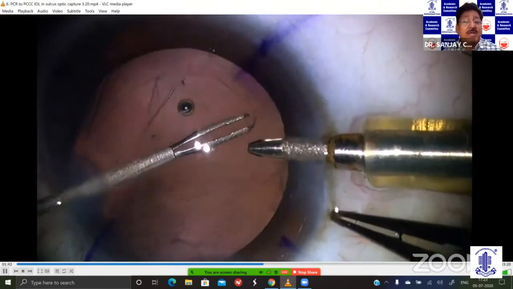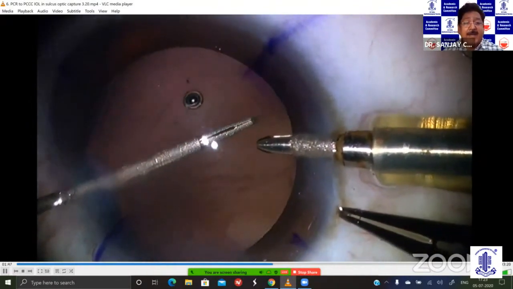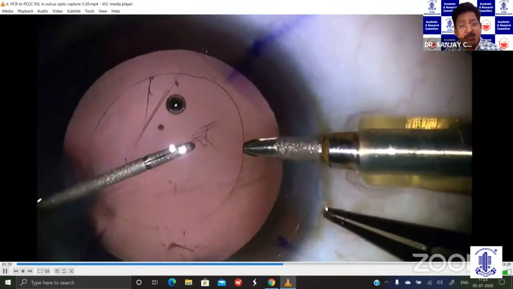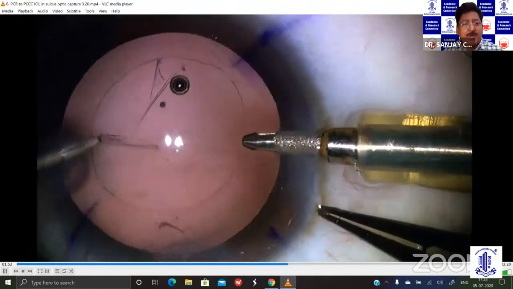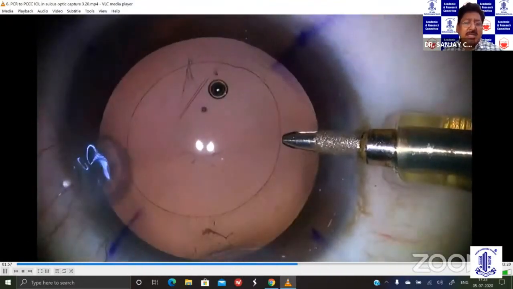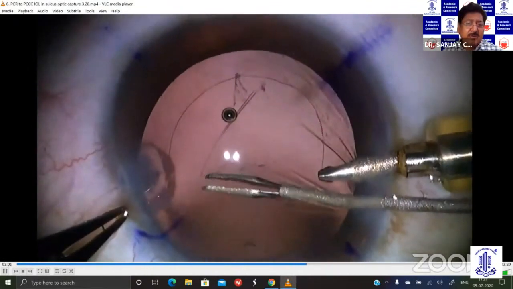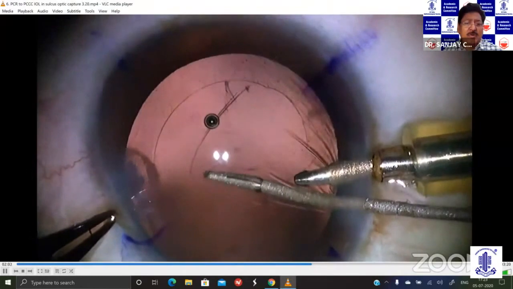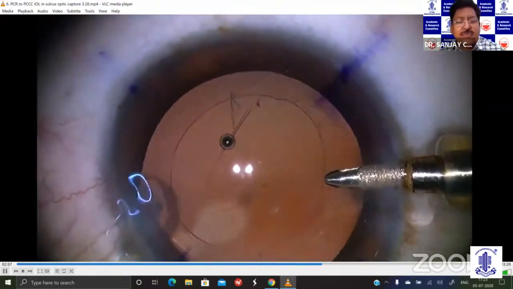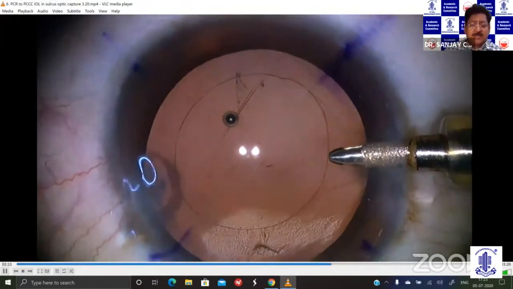I'm just doing it under the anterior chamber maintainer, and hold this capsule from the tip and pull it in to round off one edge. This second edge also needs a little rounding here. So I'm rounding off this second edge. And I think I have a fairly controlled posterior capsule to put in an implant.